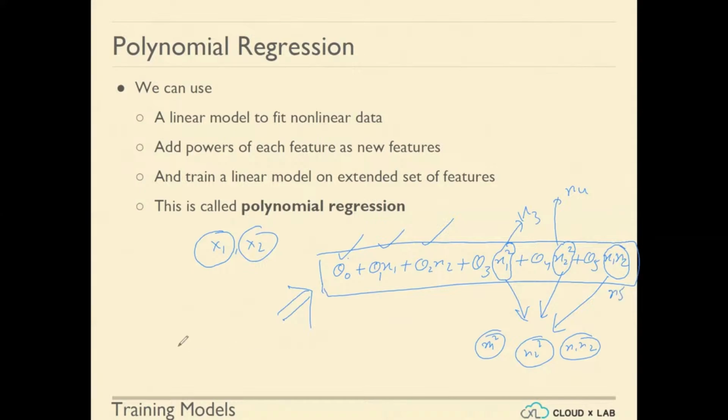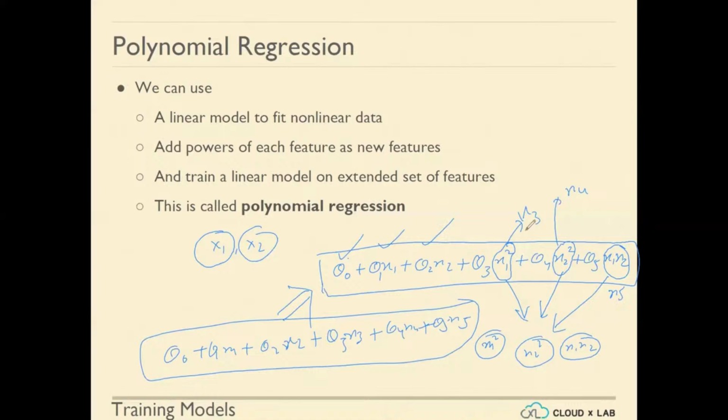So it's now theta 0 plus theta 1 x1 plus theta 2 x2 plus theta 3 x3 plus theta 4 x4 plus theta 5 x5, right? So you can think that this is a linear model, if you consider x1 square, x2 square, and x1 x2 as new features. But these features are degree 2 combinations.